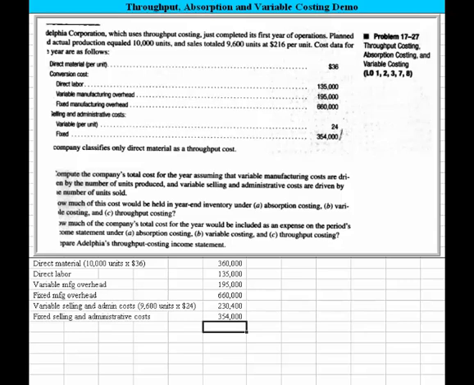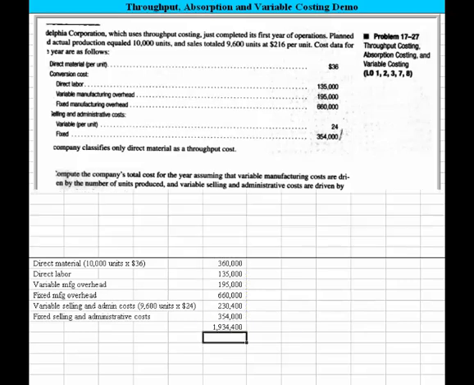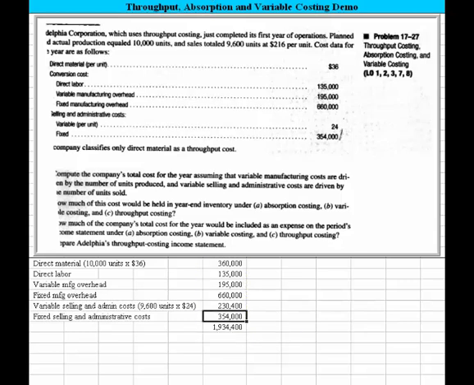Okay, if we sum that, we get the total. And that answers part one, which is to compute the company's total cost for the year, assuming that the variable costs are driven by units produced, and the variable selling and administrative are driven by units sold.